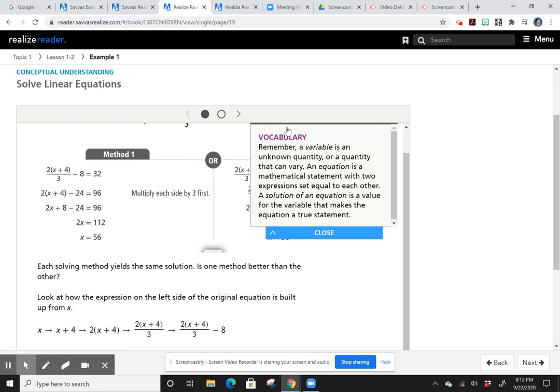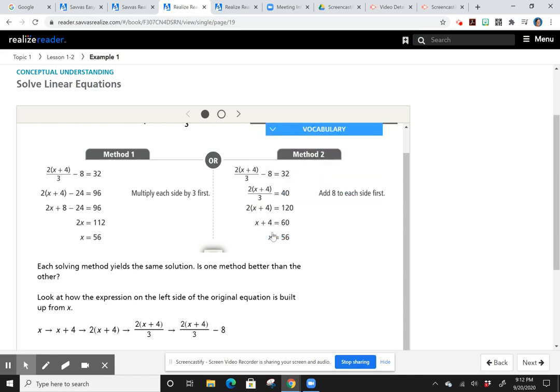So just remember, an equation needs an equal sign. And then, of course, a solution of the equation is a value for the variable that makes the equation a true statement. So what that means is if I plug 56 back in for the x, then I would get 32 equals 32, which is a true statement.